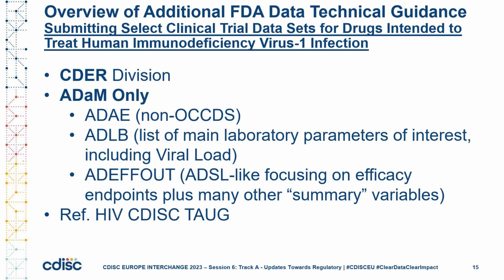So it's an extremely horizontal structure, not really standard, I would say, or standardizable. But the purpose of this kind of specific request is apparently a very specific one. It helps the reviewer a lot in understanding, in one single dataset, what more or less happened to the subject throughout the study.